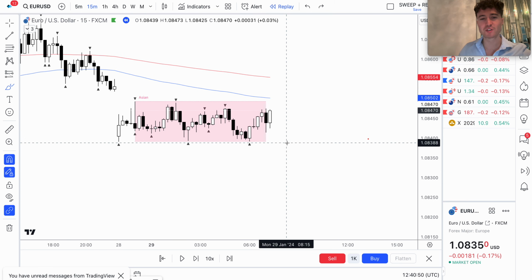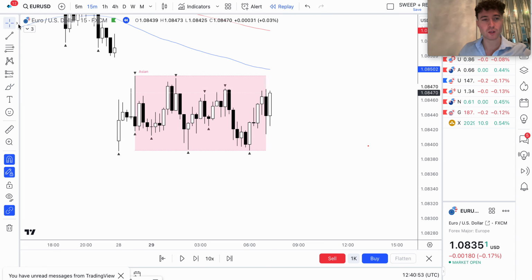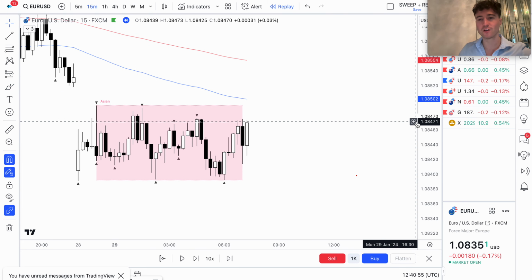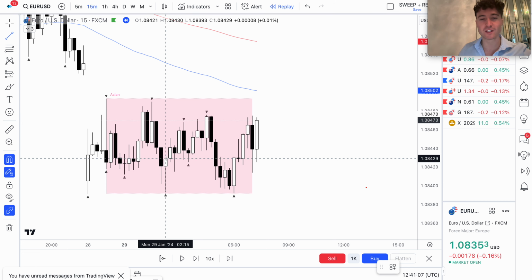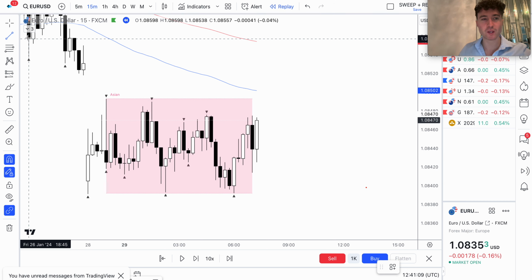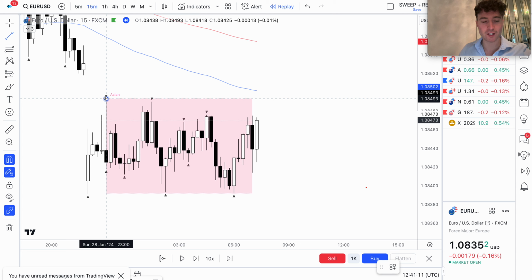So let's just jump straight in here, guys. The current time of this trade at the moment is 07:15 a.m. GMT, so that's UK time, Greenwich Mean Time. What you can see here is we have an Asian high.